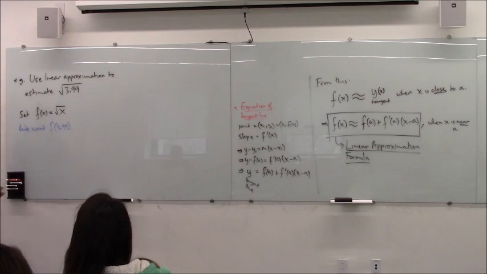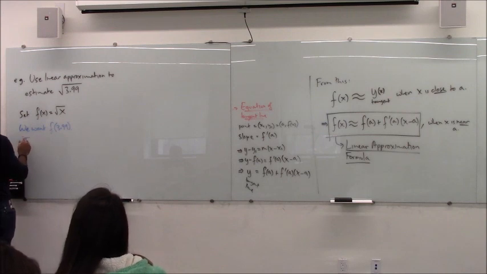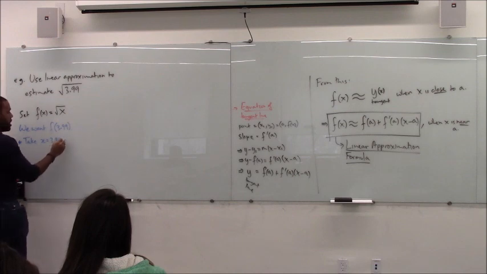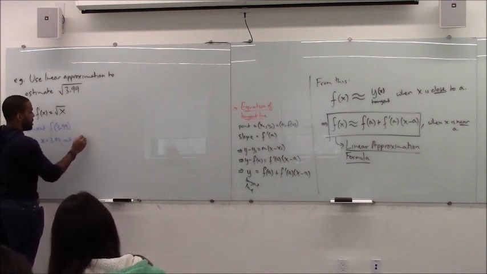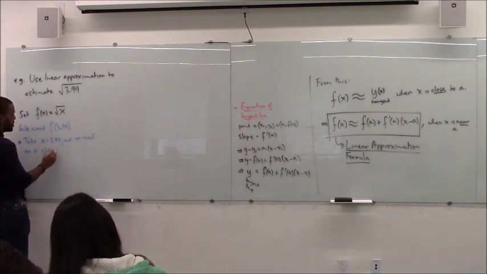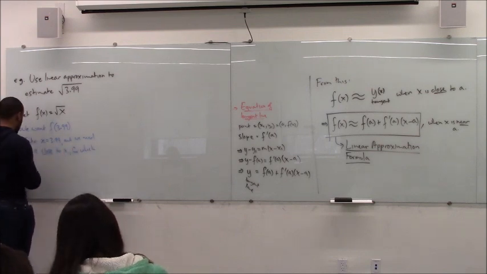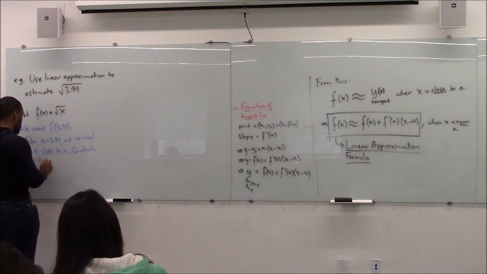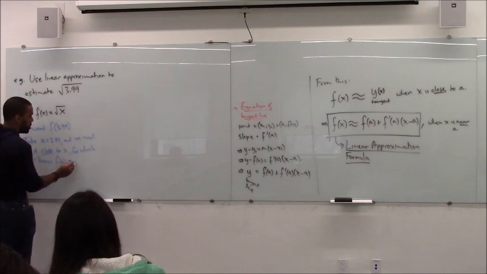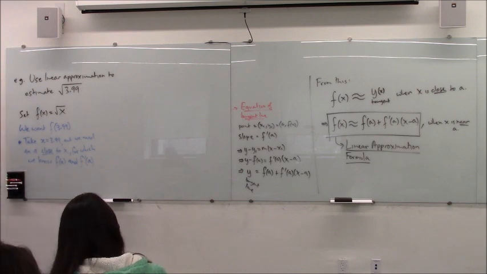So the goal is to take this x to be 3.99, and we need an a close to x for which we know what the output of the function would be at that value, and what the derivative of the function would be at that value.